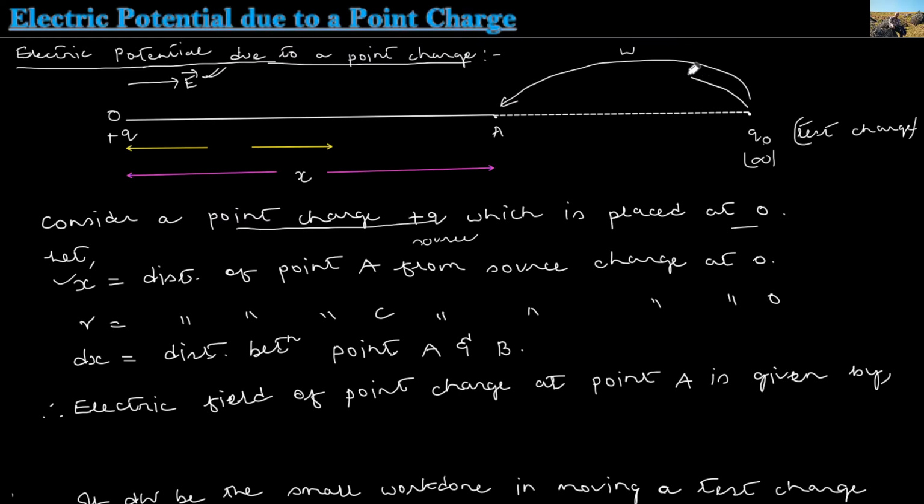Even if you want to bring that charge up to another point, say for instance over here, let that point be point B, again you have to do a certain work. That means this will be the work done in moving the charge from infinity up to point A, and this will be the work done in moving the charge from infinity up to point B. Then let us assume that the distance between these 2 points A and B is very, very small, and let that distance be dx.